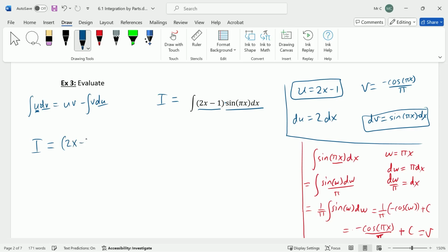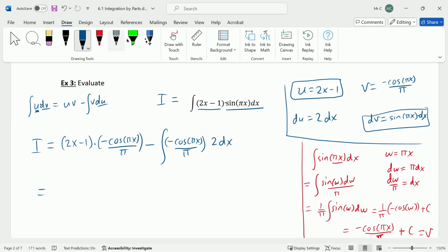It's 2x minus 1 times negative cosine of pi x over pi minus the integral of v du. Okay, v, that's negative cosine of pi x over pi. And du is 2 dx.